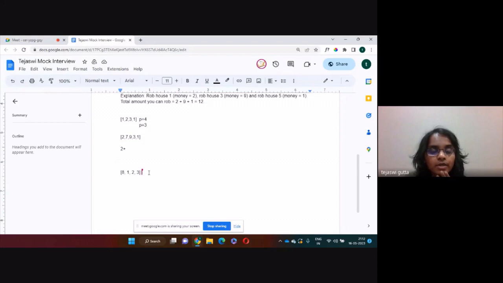So as per what I said earlier, at every house we have two options, either robbing it or not robbing it. It's not so obvious that just because you didn't rob the previous house, you should rob this particular house. You can skip it as well in order to make the maximum profit. Agreed.